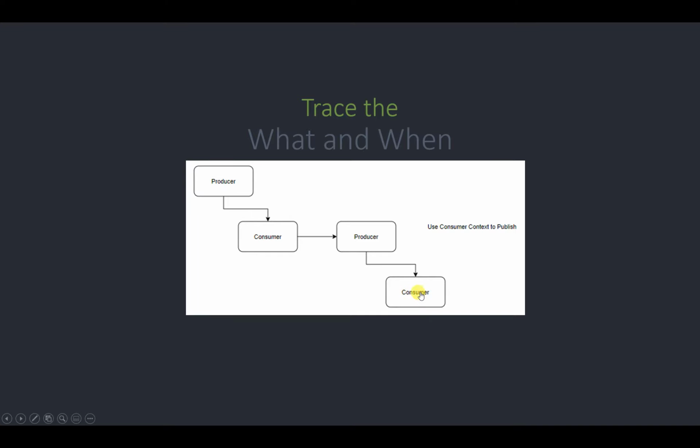Although these can be done at any point, a consumer could wait, it could be offline, and it could process that order, and then that consumer might be offline and it might process that delivery request. It doesn't matter. This is still one request, and this customer has made this one request.